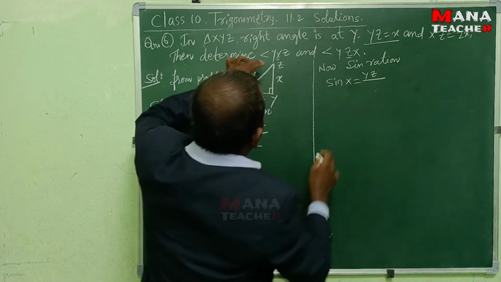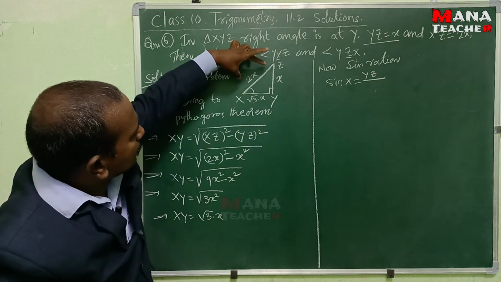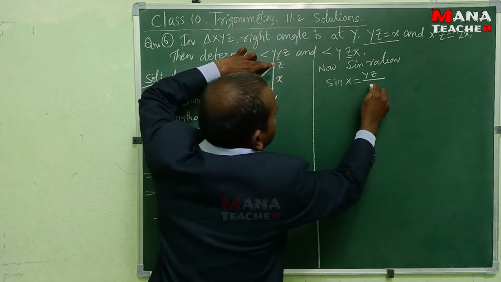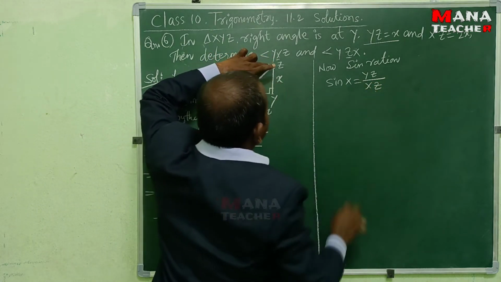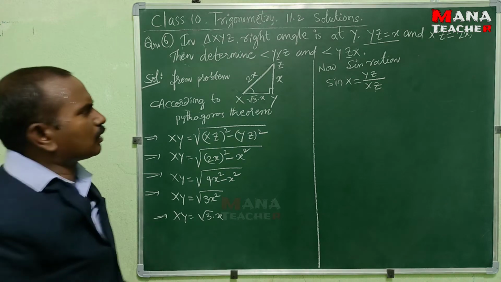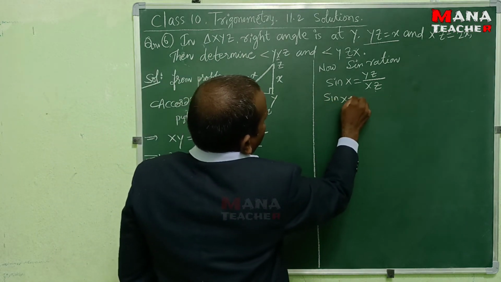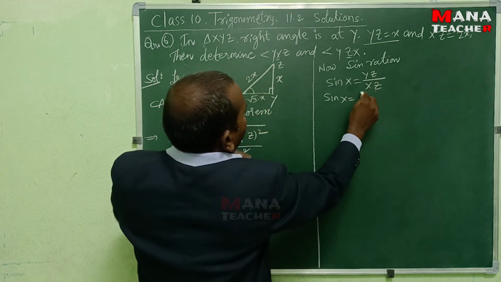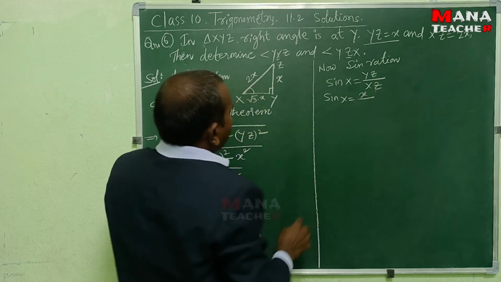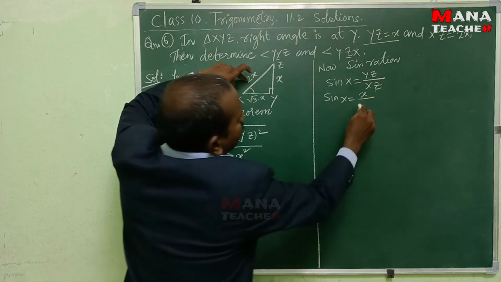YZ opposite, XZ hypotenuse. Now substitute the values of YZ and XZ. Sin x equals x by 2x.